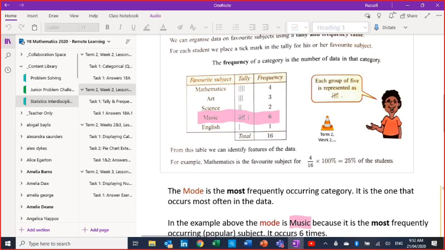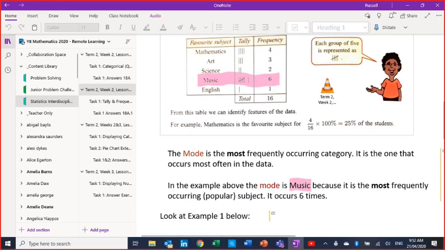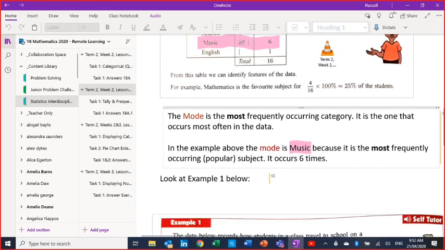Then you do a tally. Then you count up those to get the frequency. What else is the other thing that you must have? You must have a total. Excellent. And then to find the frequency for each one, we can simply put the number over the total and multiply that by 100% to change it into a percent.